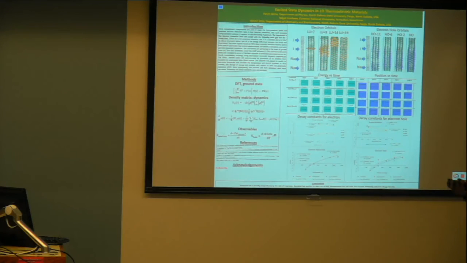So therefore, the rate of change with respect to temperature must be the same, no matter what orbital transition you're looking at. So I conclude that this alpha right here, which you see in the band gap law on my abstract, is the same no matter what orbital transition you're looking at, and alpha is 1 over kB T, where kB is the Boltzmann constant and T is the temperature.